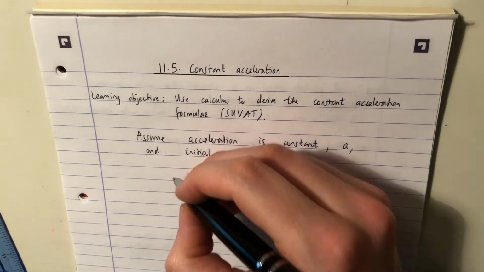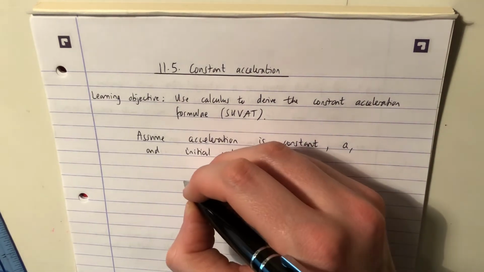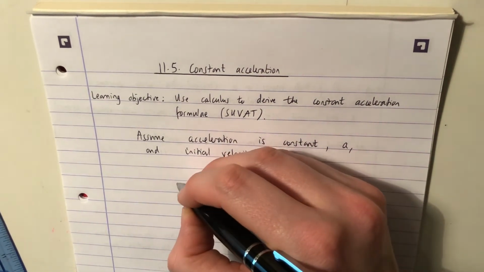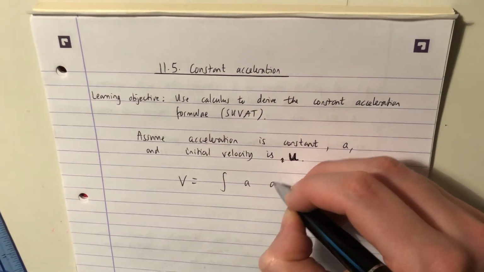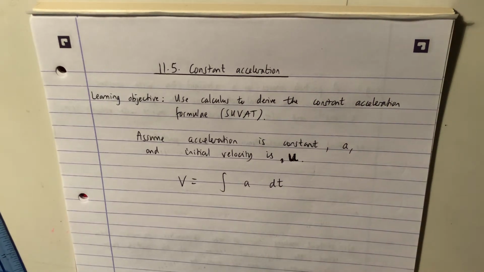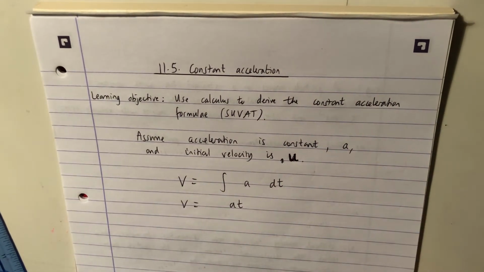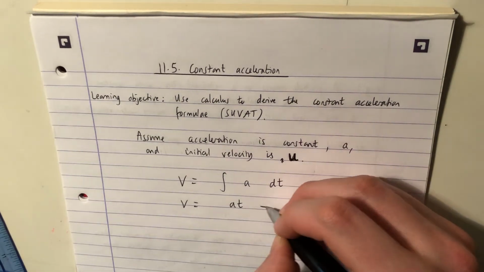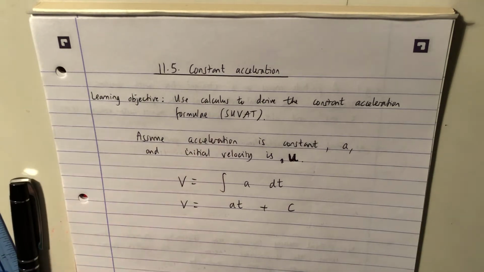So, for example, we know that to get velocity, we integrate. So velocity at any point would be integrating the acceleration with respect to time. And when we integrate, this would go to at, but remember to include the plus c. There's enough information for you to work out what that plus c is.